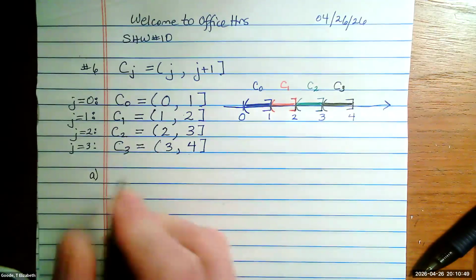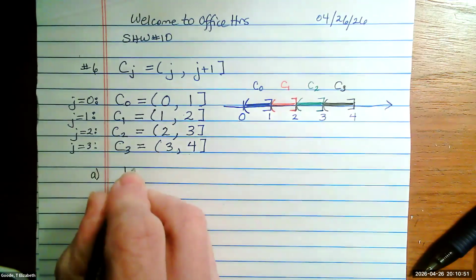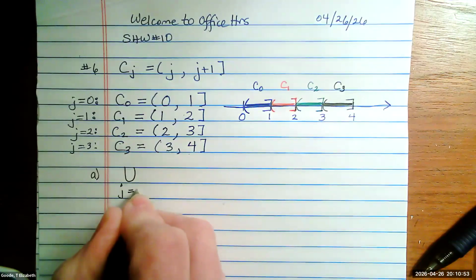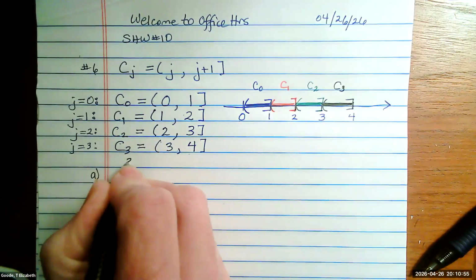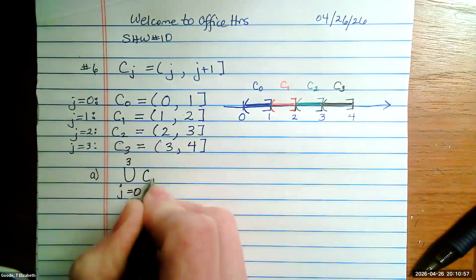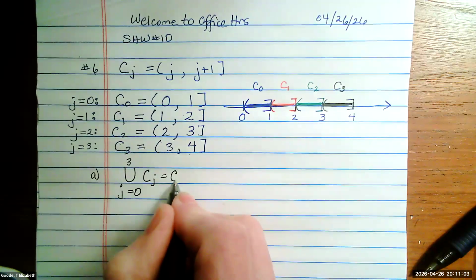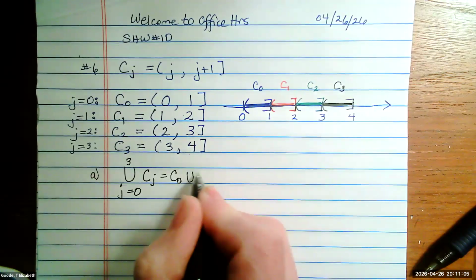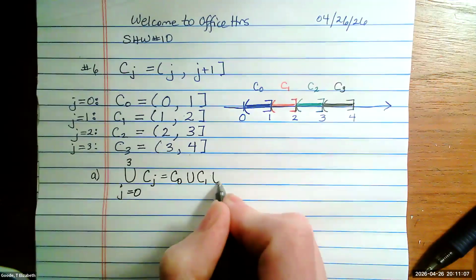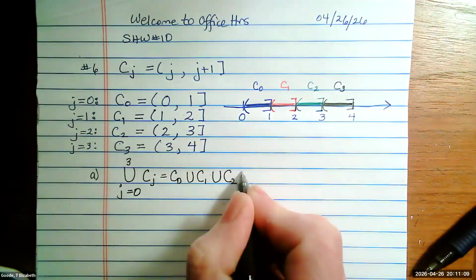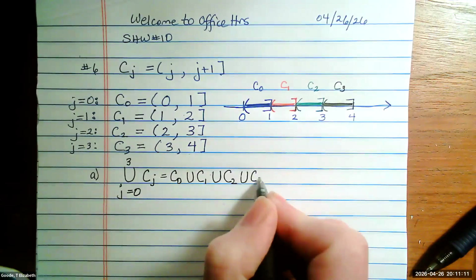So, part A, we're asked to find the union from j equals 0 to 3 of the C sub j, right? So that means we want to find C0 union C1 union C2 union C3.